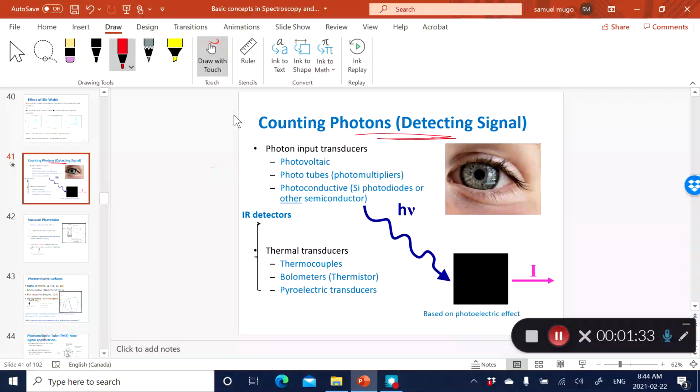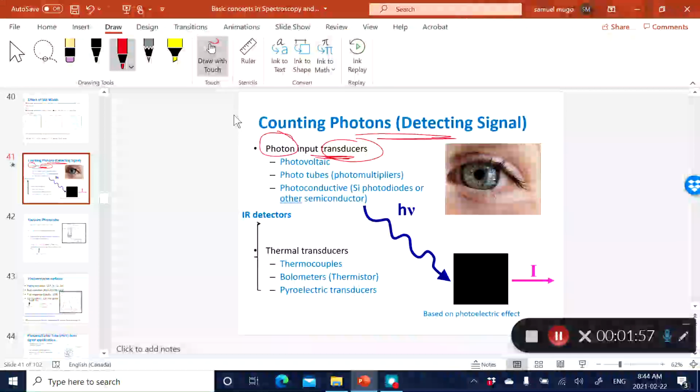It's what you refer to as the photon input transducer, which is going to convert the photon, because you're dealing with electromagnetic radiation, and yet we are dealing with electronic components as far as instruments are concerned. And so you need to convert that light into current or voltage or something that is in the electrical domain.